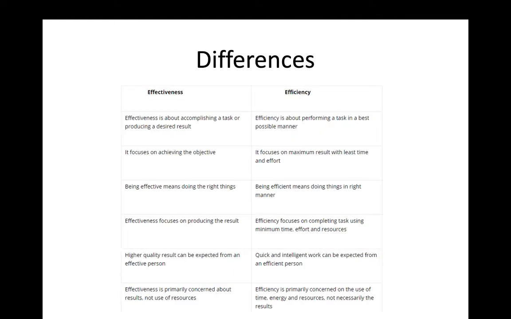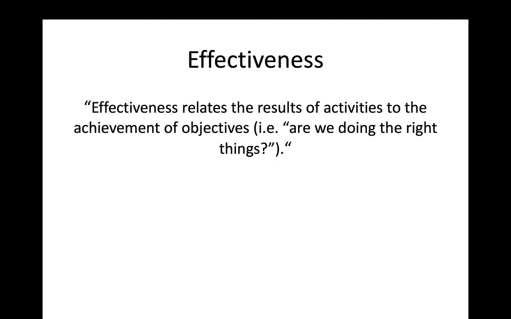So let's talk about the differences between them, one by one. First is, effectiveness is about accomplishing a task or producing a desired result. Before reading the differences, just keep in mind these two things. Effectiveness is, are we doing the right thing?